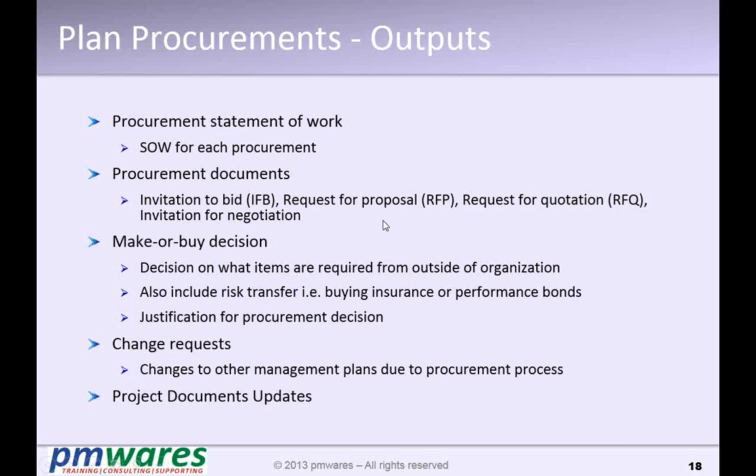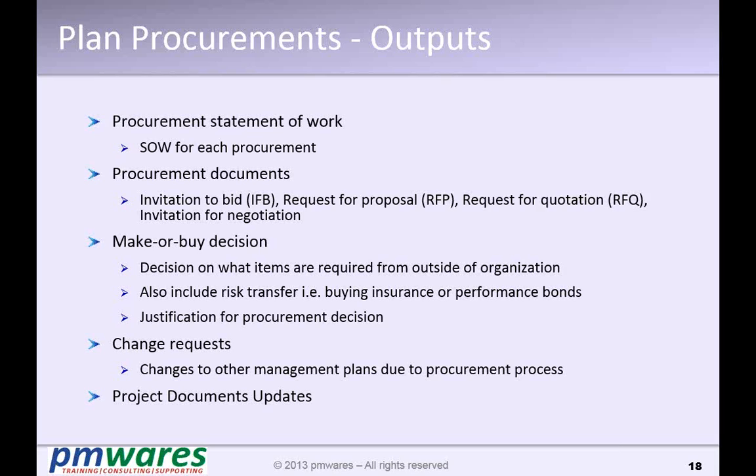It could be a request for proposal, RFP, RFQ, or IFB. Sometimes they have different names, but normally a request for quotation mainly focuses on price. So you have communicated the scope and are asking for a quote from the seller. So you get only the fixed price.